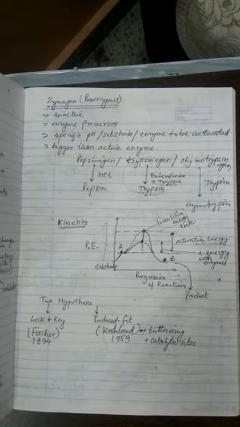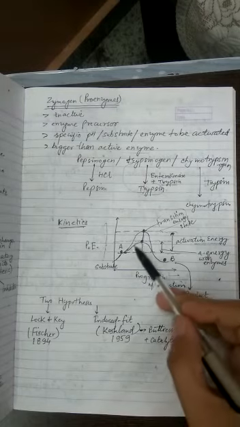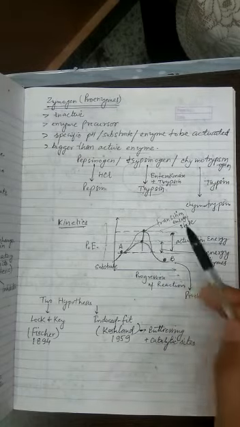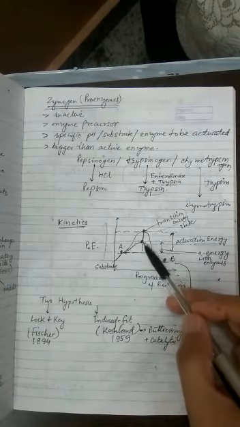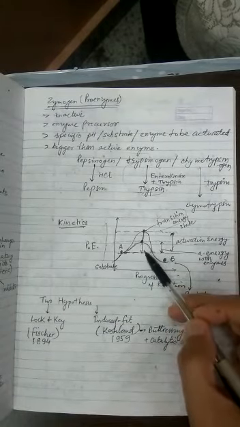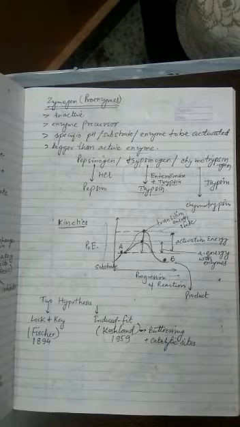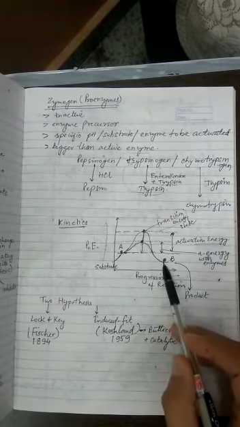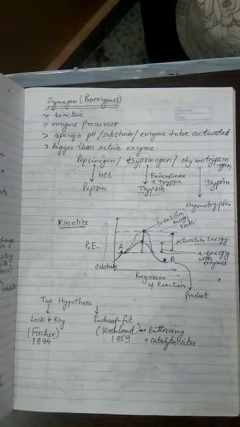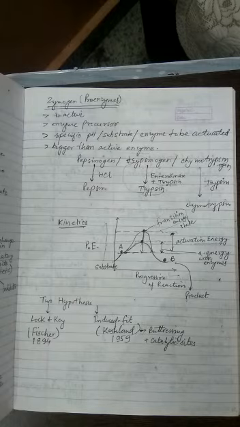An enzyme mediated lowering of the activation energy can easily be seen in this picture. Now they need a lesser amount of energy. This much energy is required now, then the reaction will occur and finally the product will be formed. I hope this diagram is clear to you. This gives you the idea of the kinetics of chemical reactions.